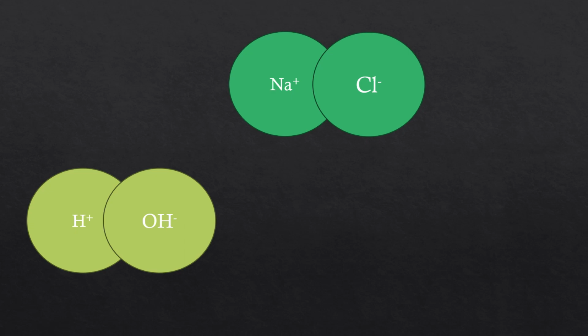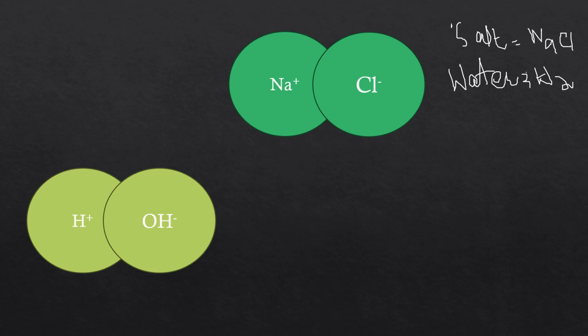Now we know that the salt, what is its formula? Its formula is NaCl, as I told you in the previous example too. And what is the formula of the water? It is H2O.